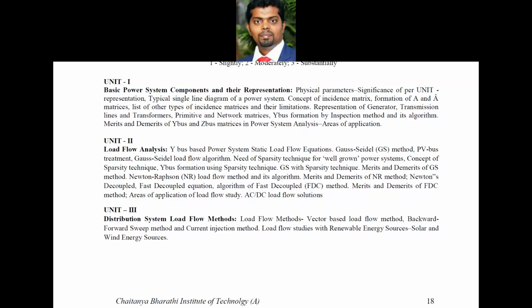What are the techniques used for these load flow studies, even in PV and wind energy systems or a combination of these? How we are going to analyze the load flow, that we are going to study in detail in this third unit.